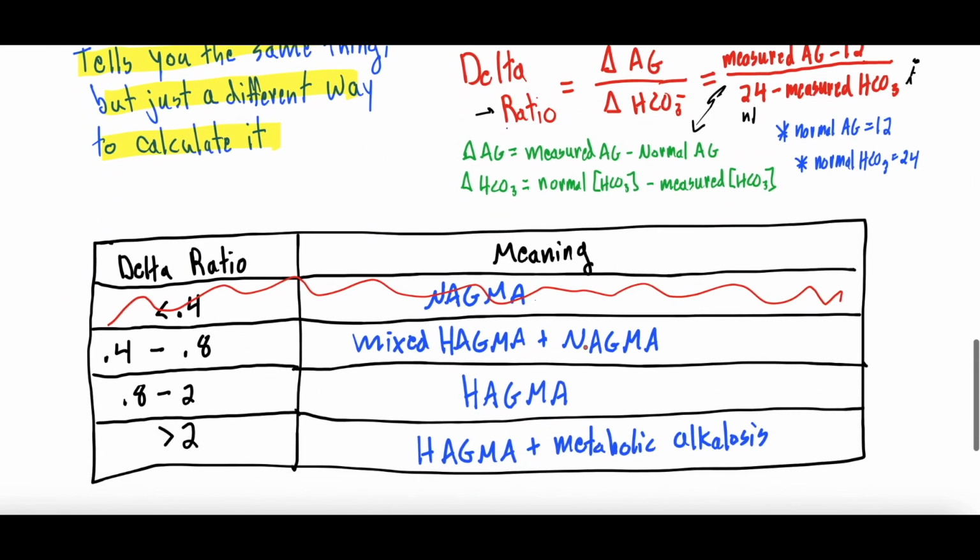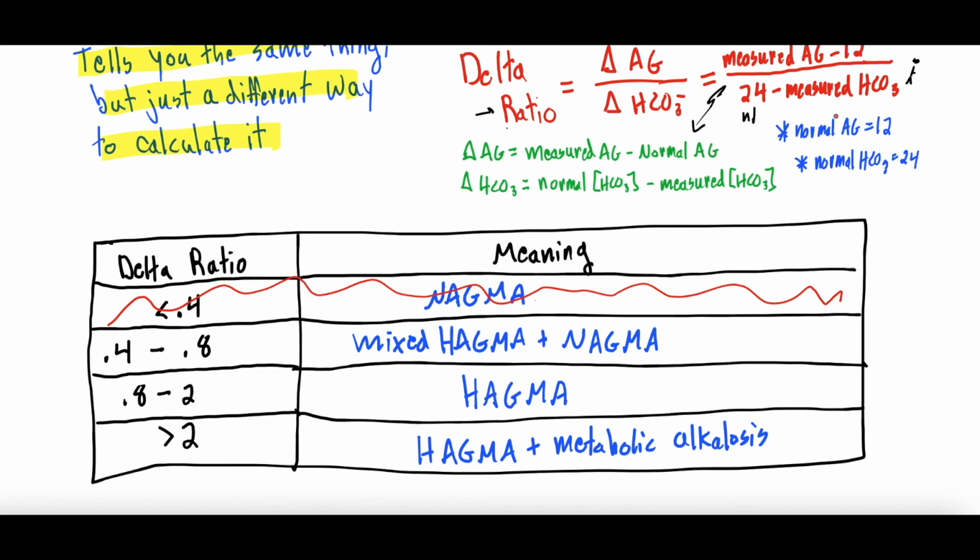Same thing down here. If it's 0.4 to 0.8, you have a mixed high anion gap metabolic acidosis plus a non-anion gap metabolic acidosis, which essentially just means that, like we talked about, your measured bicarbonate is lower than it should be because you're losing bicarbonate because you have this combined non-anion gap metabolic acidosis.